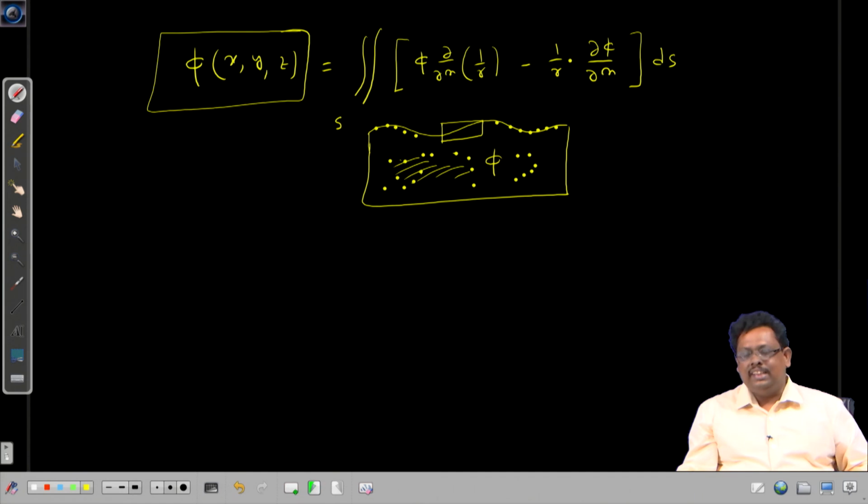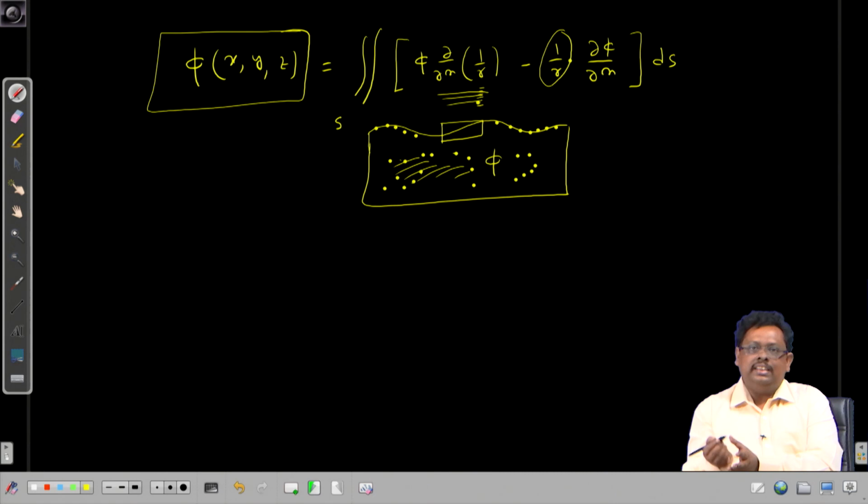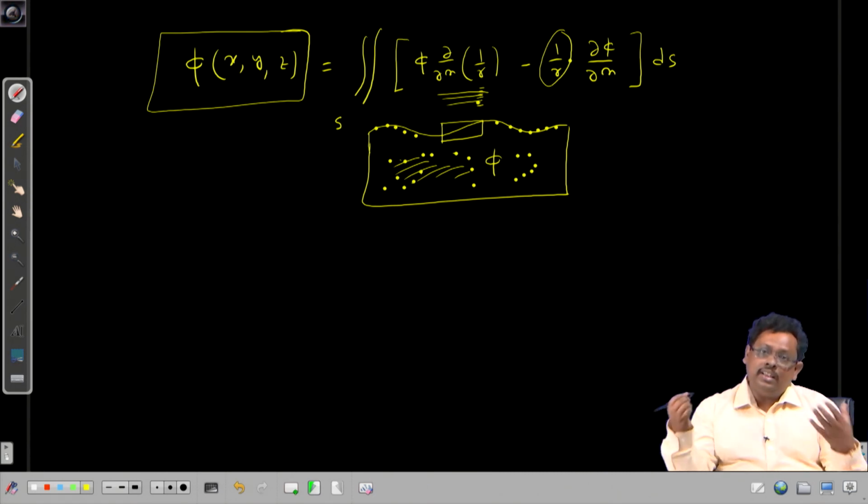And one more thing you see here, that this 1 upon r is classically known as source, and del n of 1 upon r is known as dipole. So, we can say this is a source dipole distribution.